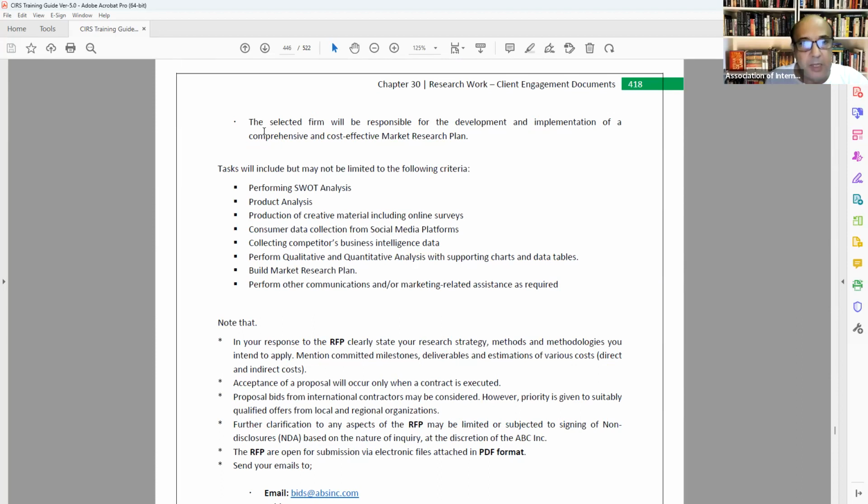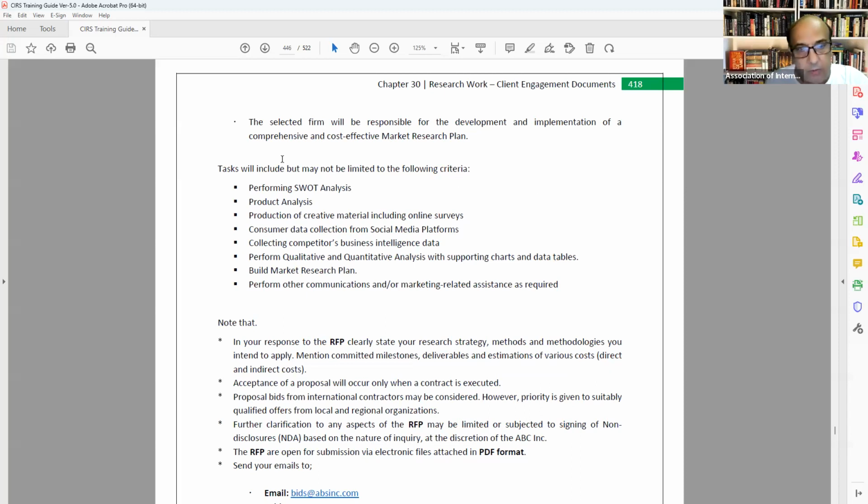And then it reads further, the selected firm will be responsible for the development and implementation of a comprehensive and cost-effective market research plan. So you have to give a plan to the client as well. So market research planning you have to do.